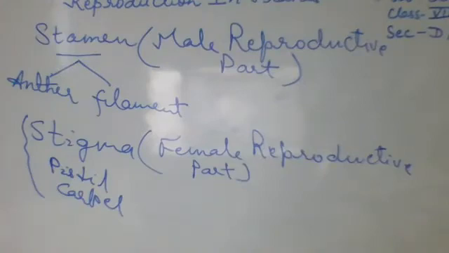No, your voice did not come through, say it again. Yes, ma'am. The agents that carry or transfer the pollen grains from an anther to a stigma are called pollinators. What are the examples of pollinators? Insects like butterfly, honeybee. Wind will also be a pollinator. Wind, bees, butterflies, insects, birds, rats, bats, all many things which are present in nature.